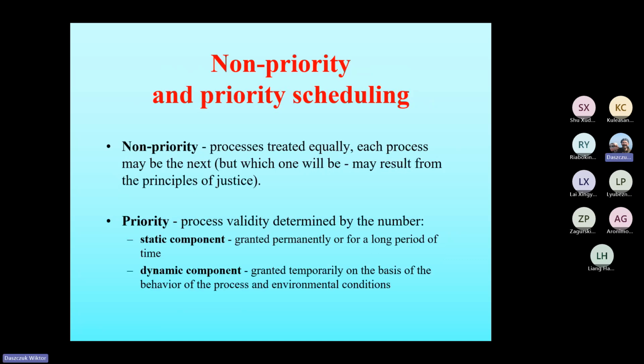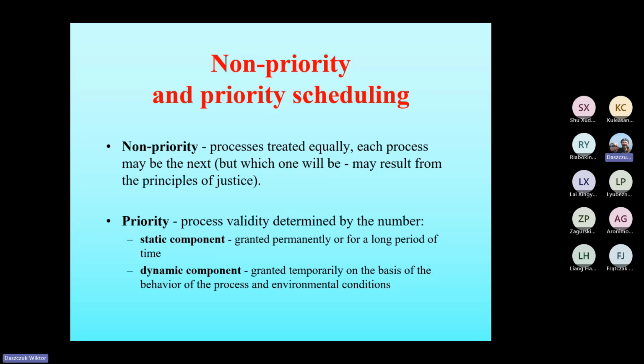Priority and non-priority. Non-priority scheduling means that we treat all the processes equally. No process is distinguished somehow. Prioritized is giving the processes some numbers, and those numbers are priorities.